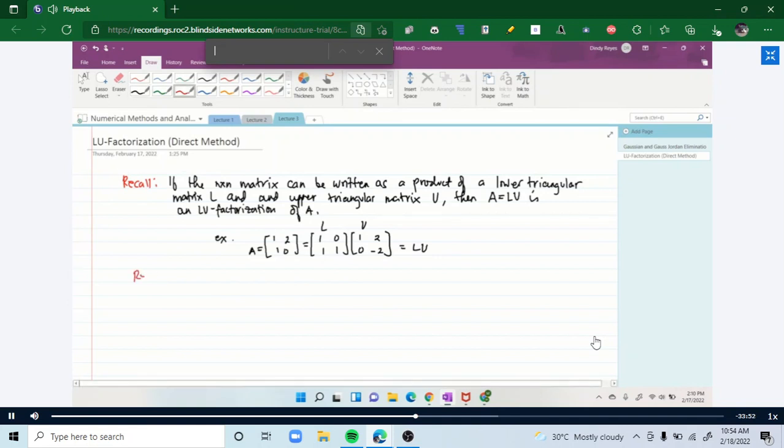Okay, do you remember what an elementary matrix is?